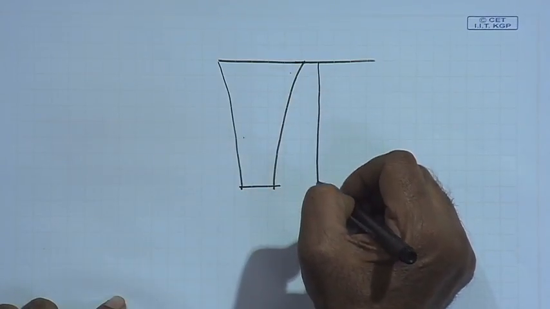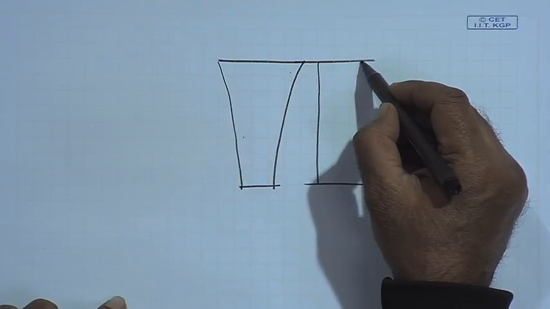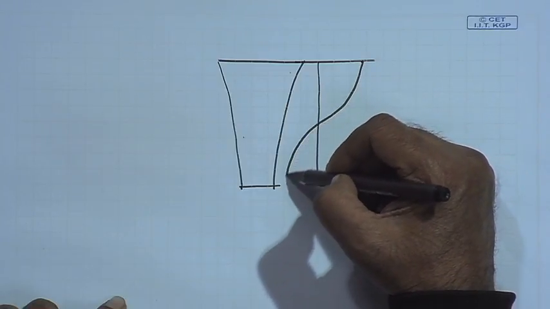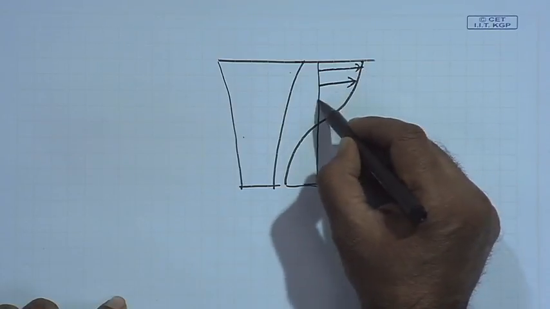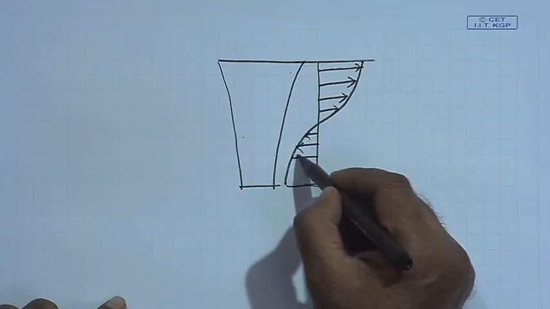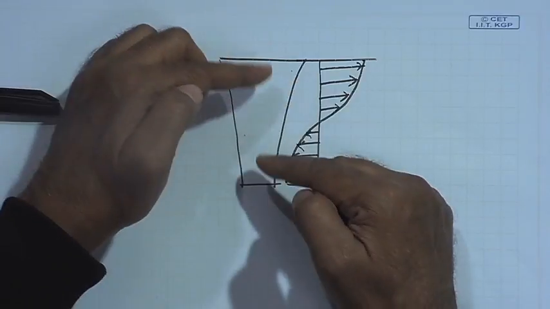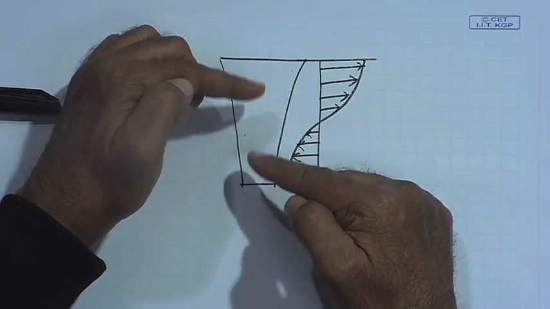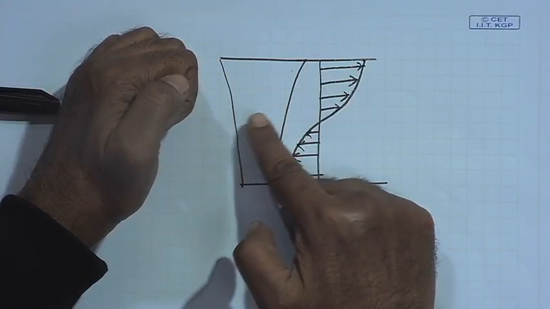If I am drawing the motion against distance, so these are the corresponding displacements suffered at these points. So, basically it is vibrating in this manner, and this is the middle point at which it's a node point, there is no motion.